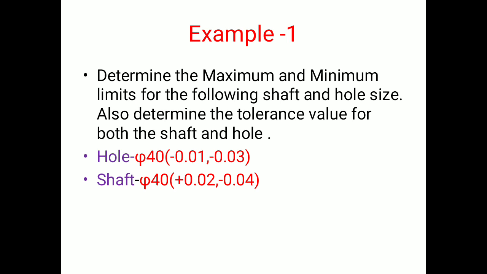Now you can see for the hole, the tolerance system used is unilateral tolerance because the limits are on the negative side, minus 0.01 and minus 0.03. Whereas for the shaft, the tolerance system used is bilateral tolerance, as one limit is plus 0.02 on the upper side and minus 0.04 on the lower side. Now we will proceed towards the solution.